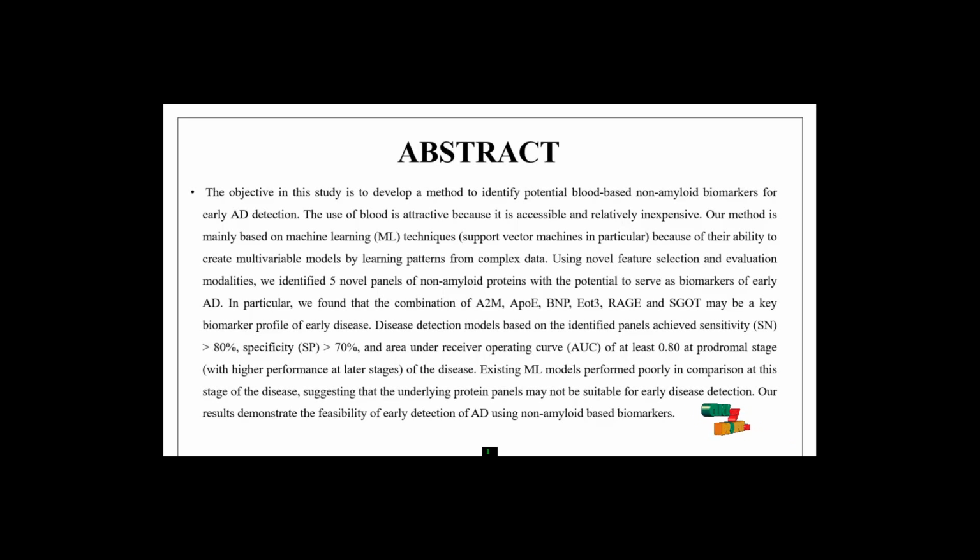Our method is mainly based on machine learning techniques, particularly support vector machine, because of its ability to create a multivariable model by learning patterns from complex data. Using a novel selection and evaluation methodology, we identify a 5-biomarker panel for early Alzheimer's disease.